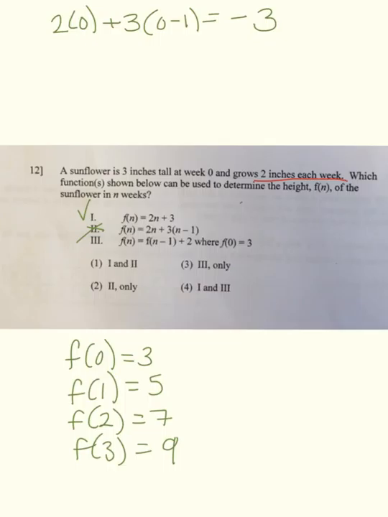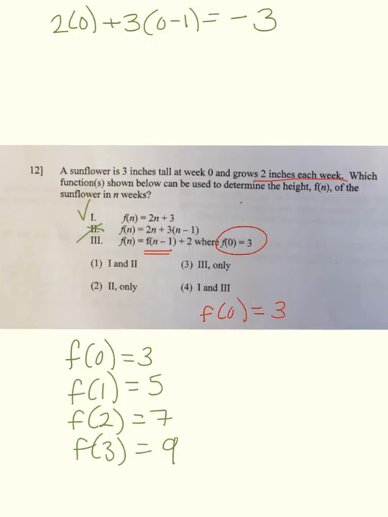Now for the last one. This one is a recursive sequence because it wants to use the value of the last term. We're also given the value of the first term. So since we know this, we'll just write it.